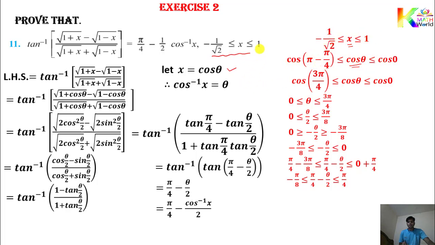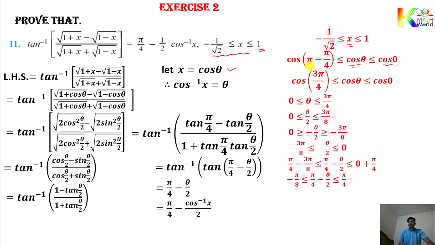So you can see 1 is a positive value, so 1 can be written as cos 0. Negative value minus 1 by root 2, you can see a negative value, then it is in the second quadrant for the cos function. So from the second quadrant we can write it in pi minus theta format.